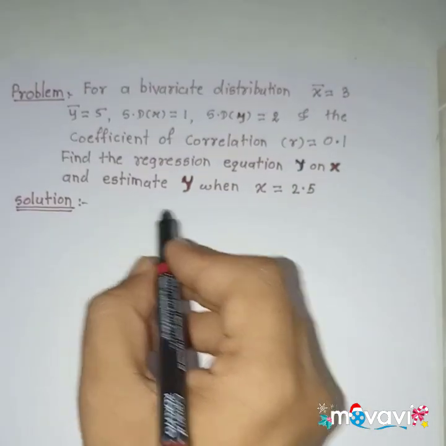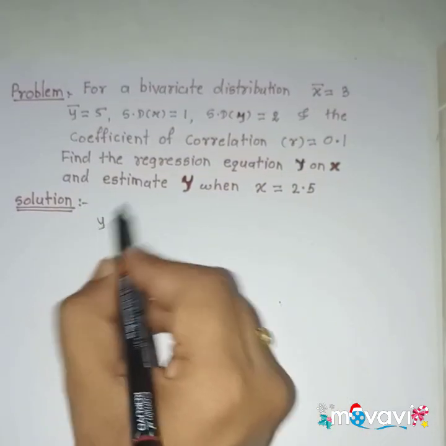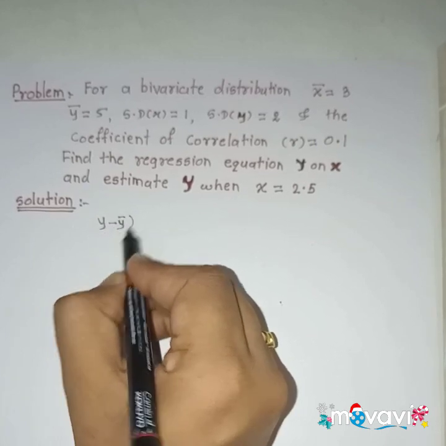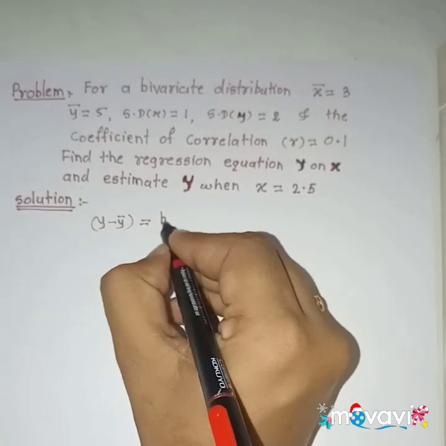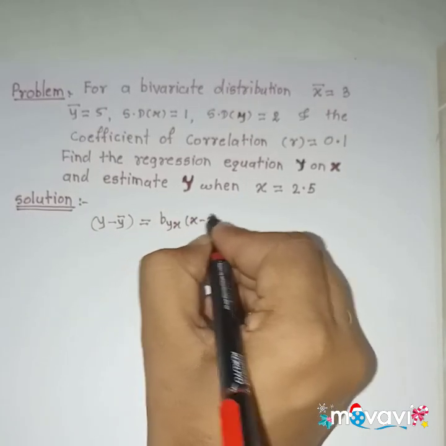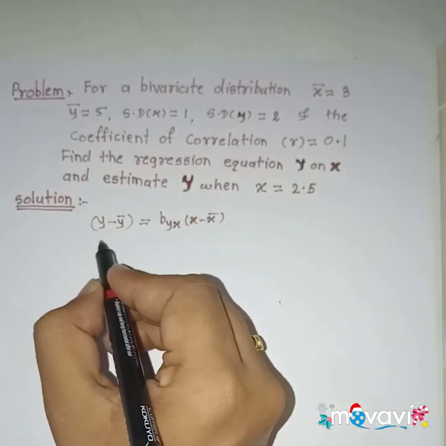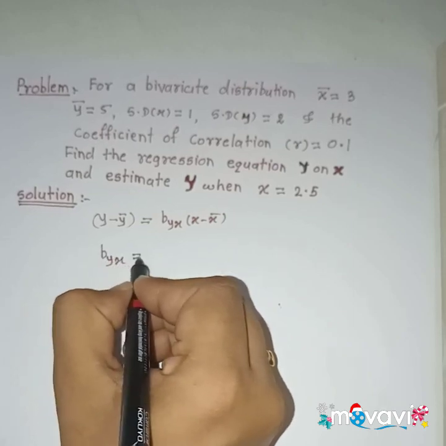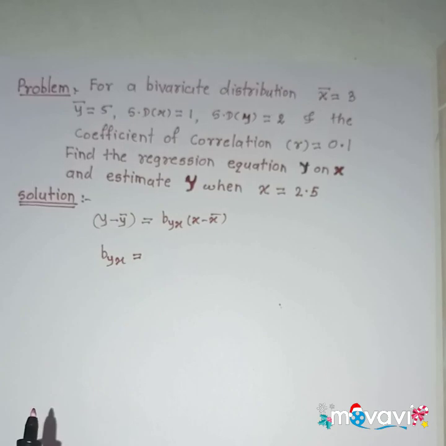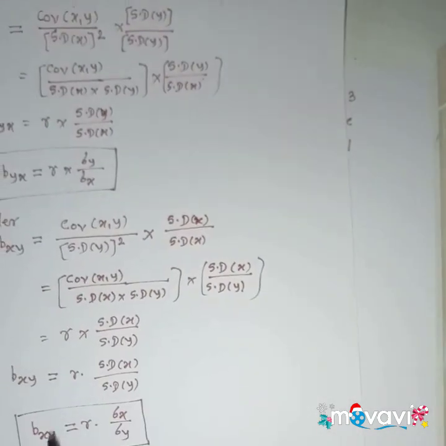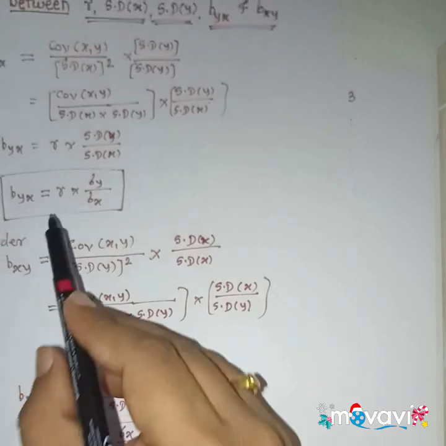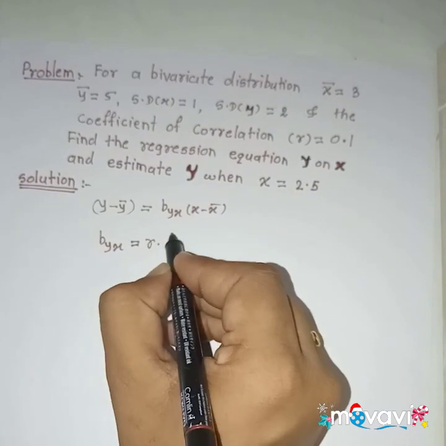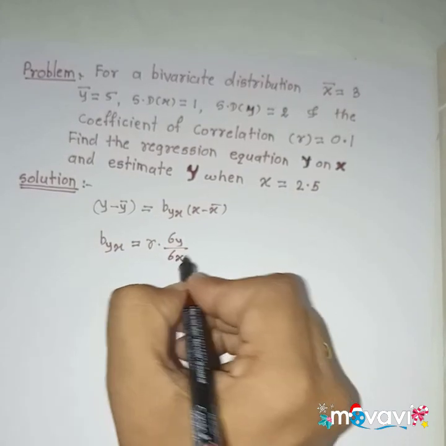From the given problem, we have to find regression equation y on x, and we know that general regression equation y on x is y minus y bar is equal to Byx into x minus x bar. So here first we have to find Byx, and we know that formula to find Byx is r into sigma y upon sigma x.